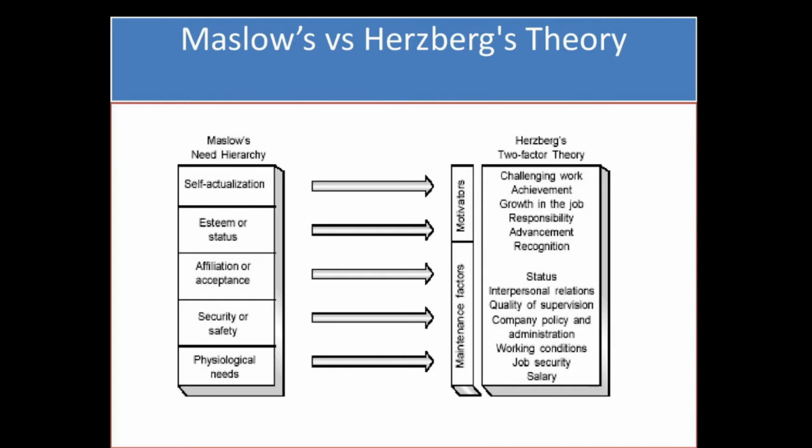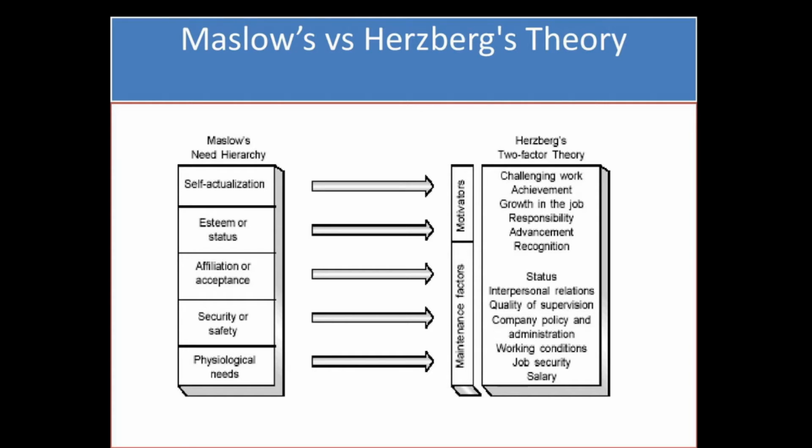Here we'll be talking about two stages: self-actualization and esteem or status. Then affiliation or acceptance, security or safety, and physiological needs. There they'll be talking about maintenance factors: interpersonal relations, quality of supervision, company policy and administration, working conditions.